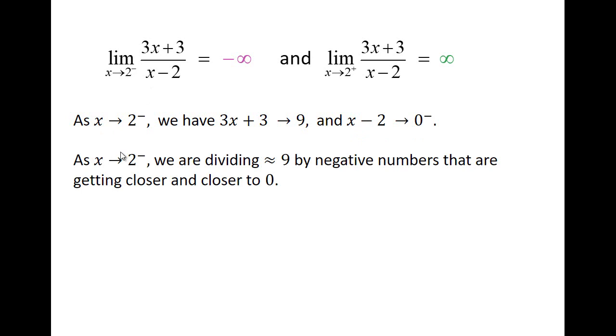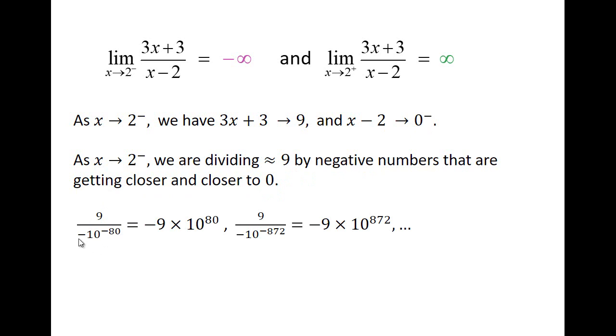So basically then, as x approaches 2 from the left, we are dividing some number approximately 9 by negative numbers that are getting closer and closer to 0. As an example, let's see what happens when I divide 9 by a negative number that is close to 0.